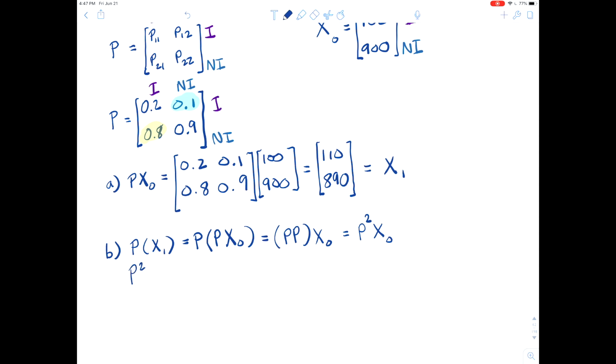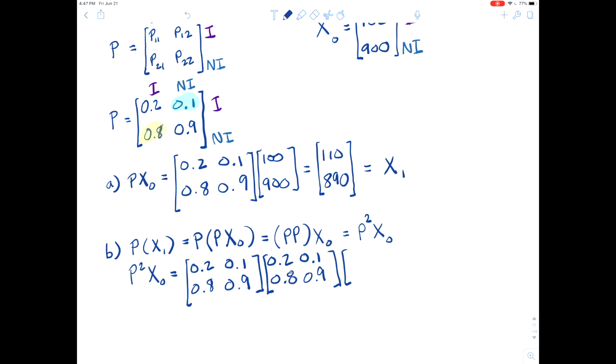All right, well, let's do it that third way and see what happens. So P squared times x0 equals, well, our P is 0.2, 0.1, 0.8, 0.9 times P, 0.2, 0.1, 0.8, 0.9, times x0, which was 100 and 900.